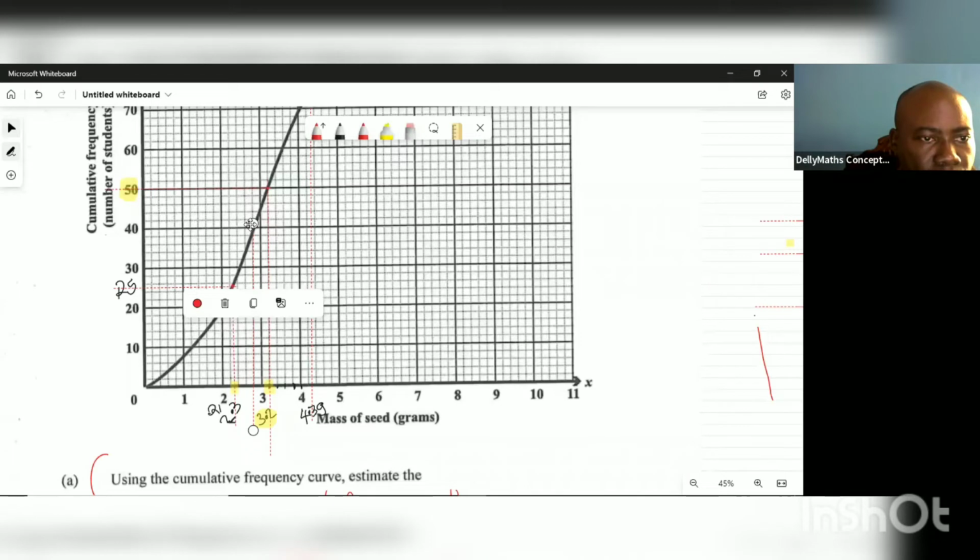And then we want to make sure that this line you're drawing here just touches the curve. Don't let it pass through. So it is right here. I'm seeing a nice line. So it stopped on that line right here. So it looks like we're going across to 38 based on what I'm seeing.